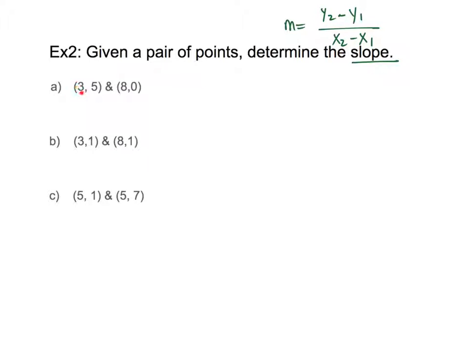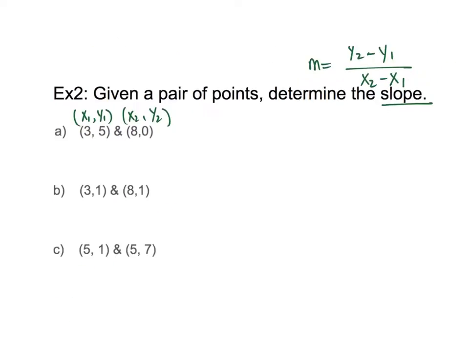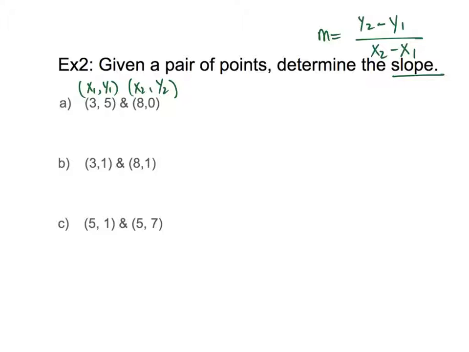So these are my 2 points. Let's say that this one's my first point, so x1, y1, and let's call this x2 and y2. So if I were to use the formula here, I would have m equals my y, subtract it with itself.